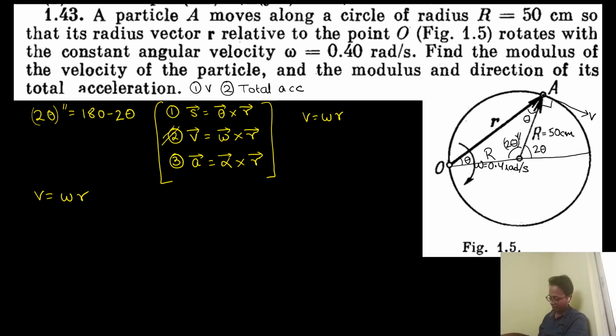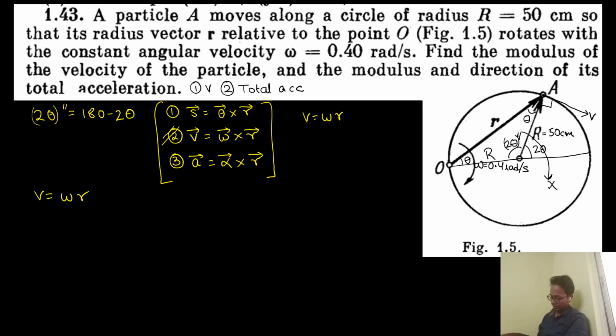Now let's name the velocity of this C. Since this particle is moving in a circular orbit, this radius vector is also rotating around this axis, following the particle. So let the angular velocity of this line be, say, x.